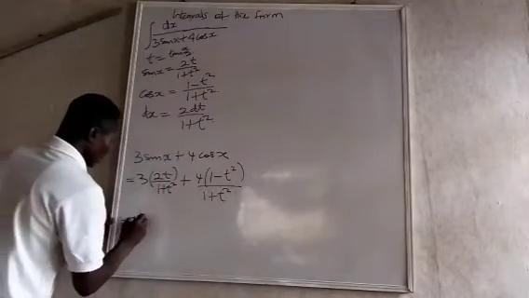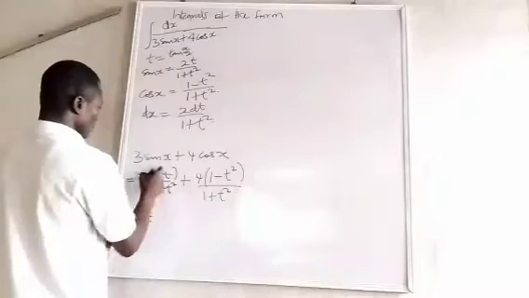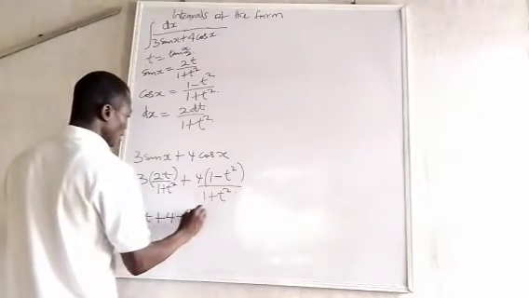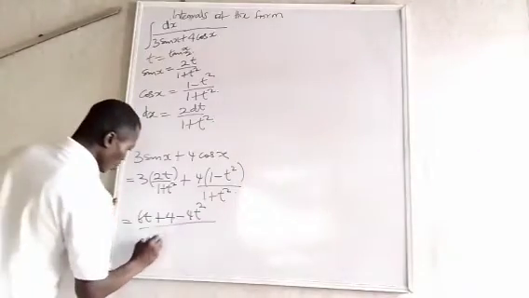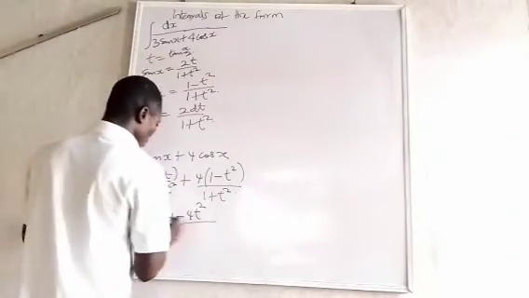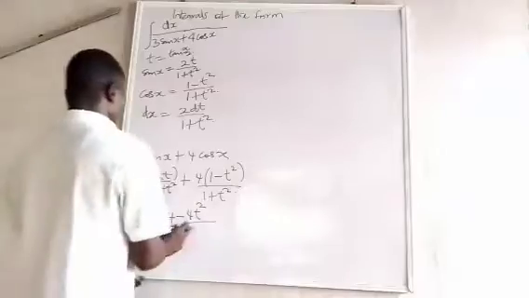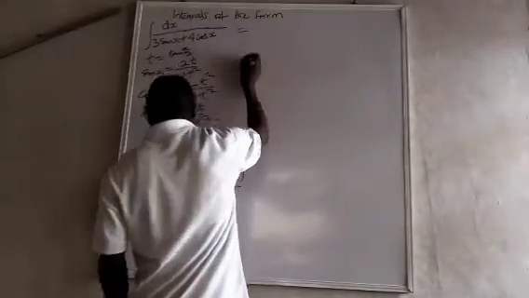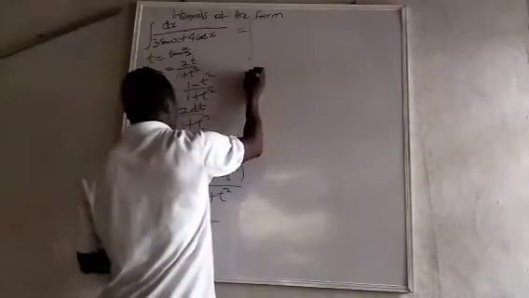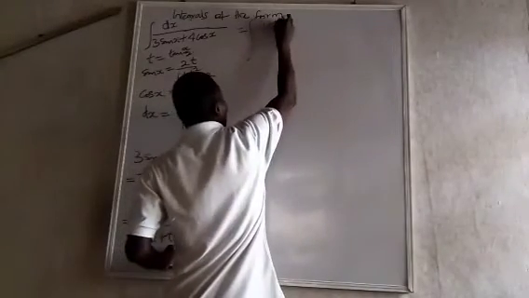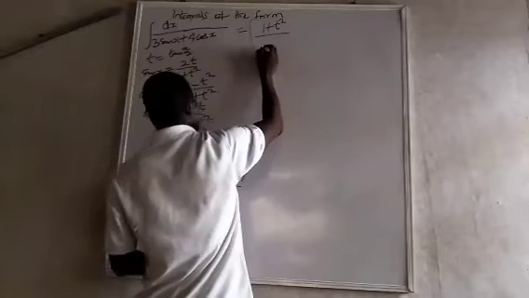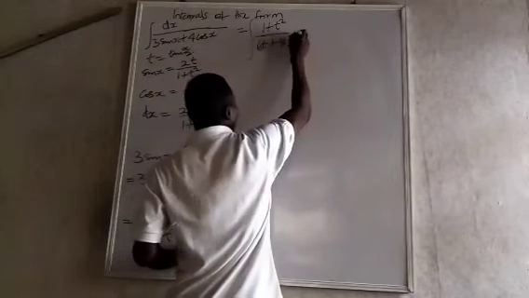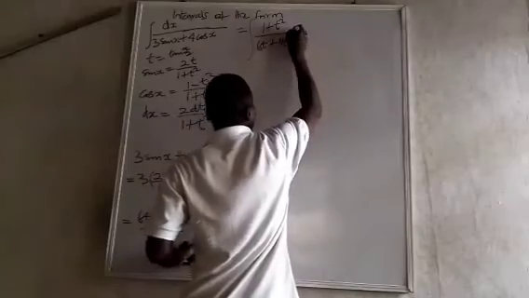So this gives me 6t plus 4 minus 4t squared over 1 plus t squared. We can leave that one like this. Therefore, this expression here will be equal to 1 plus t squared over 6t plus 4 minus 4t squared.